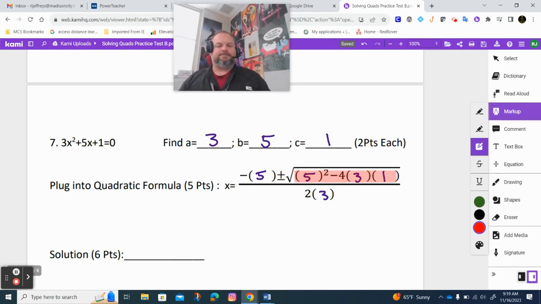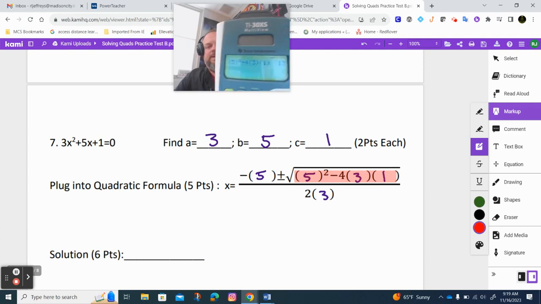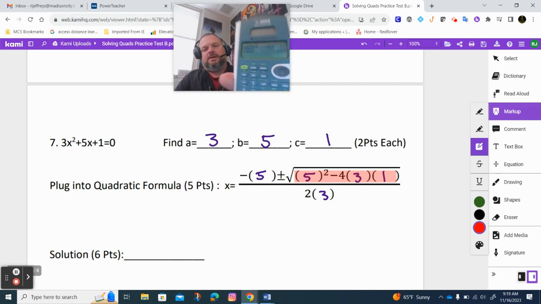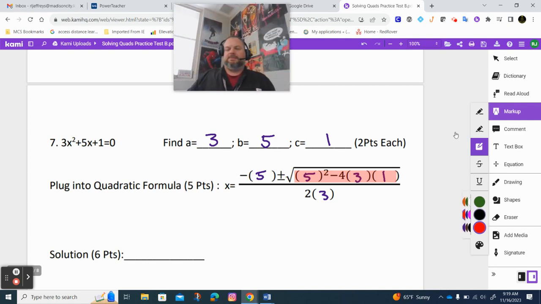Okay. So 5 squared minus 4, 3, 1. All right. We get 13. I'm pretty sure 13 does not have a square root. It does not.